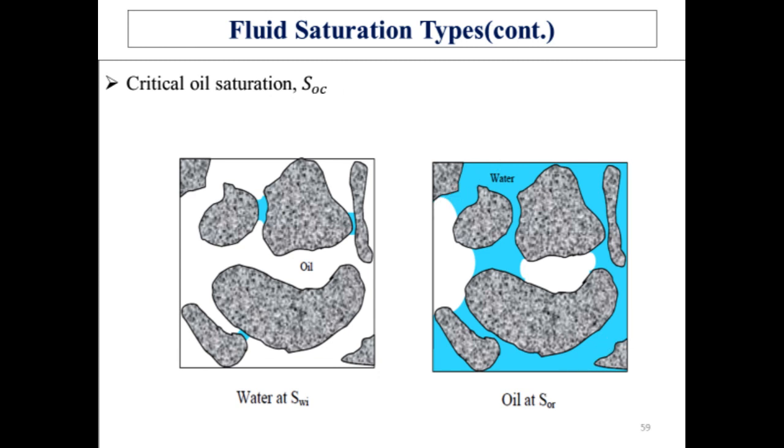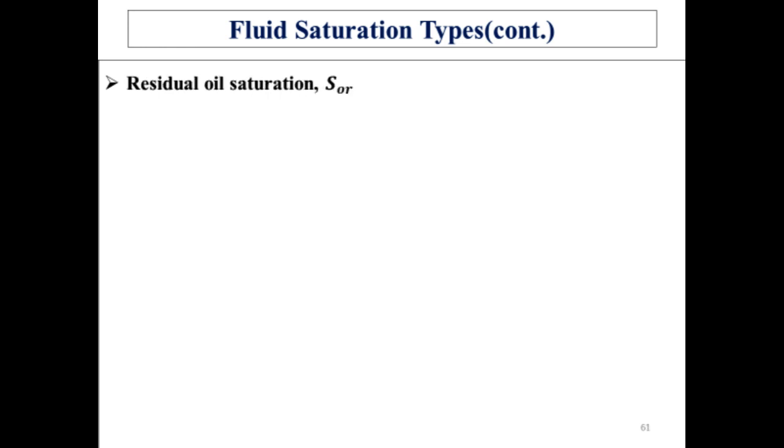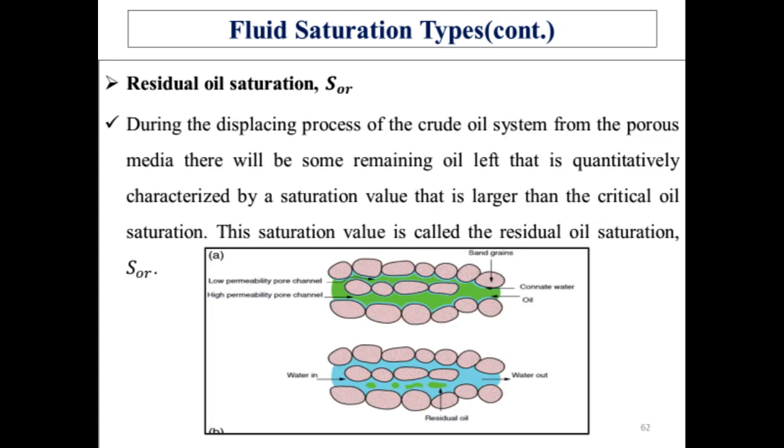Critical oil saturation. Critical water saturation. Residual oil saturation. During the displacing process of the crude oil system from the porous media, there will be some remaining oil left that is quantitatively characterized by a saturation value that is larger than the critical oil saturation.